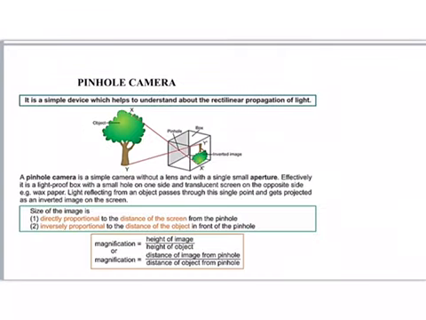Now let's talk about the pinhole camera. It's a simple device which helps to understand the rectilinear propagation of light. Now we have a box and there's a pinhole in front of the box so that light can reach only through this.